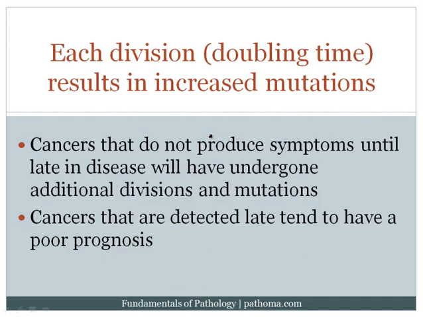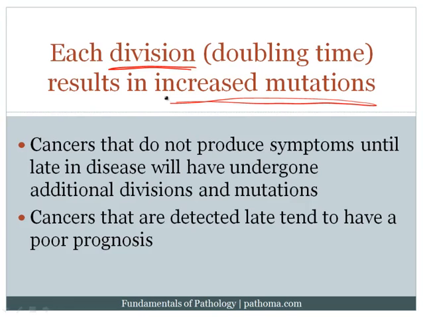Now, what's important to note is that with every division, there's going to be increased mutations because cancers are growing out of control. And so the DNA is not being repaired, mutations are being picked up, check systems are basically not able to control the cell. And so with every single division, there's going to be increased mutations.